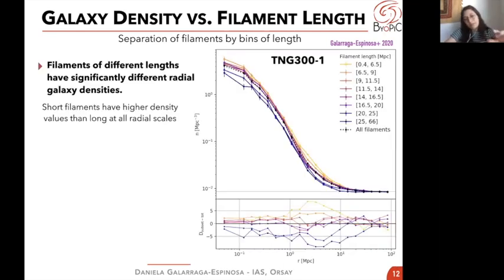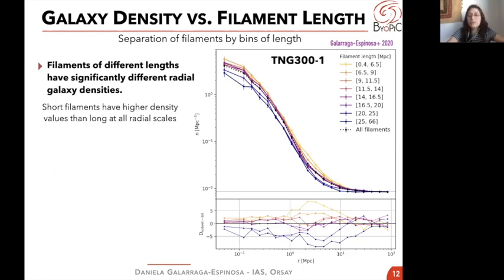Each bin had the same number of filaments, and this is what we have. Filaments of different lengths have significantly different radial galaxy densities. Short filaments, which are in yellow in this plot, have higher density values at all radial scales, and the density decreases for long filaments, which are in blue.